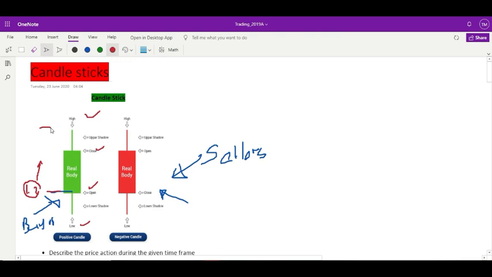But at some point sellers come in and push the price down, and it ends up closing. This is the closing price. At the end of the day, the price closed at maybe $15, right? So it opened at $20, as we said, then it closes, and it can go to the lowest.